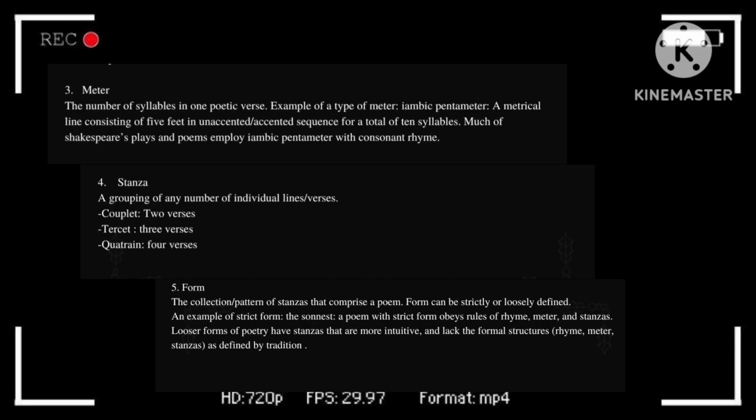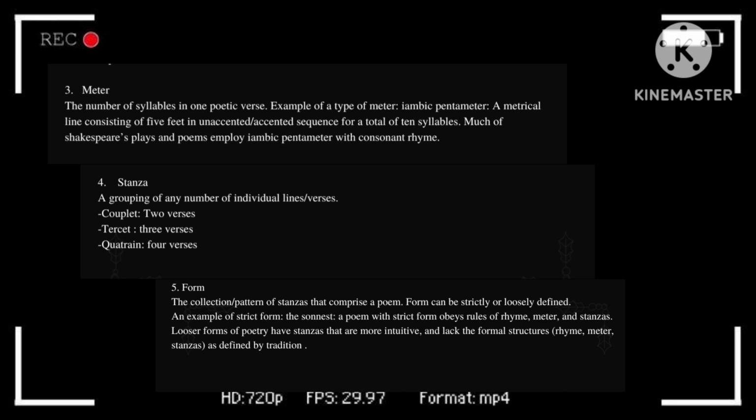And the third is meter. The number of syllables in one poetic verse. An example of a type of meter is iambic pentameter, a metrical line consisting of 5 feet in unaccented and accented sequence for a total of 10 syllables.